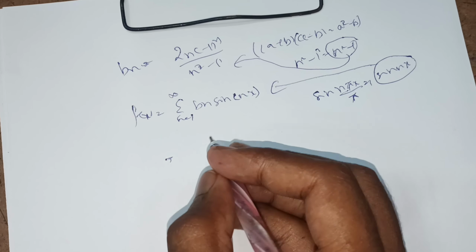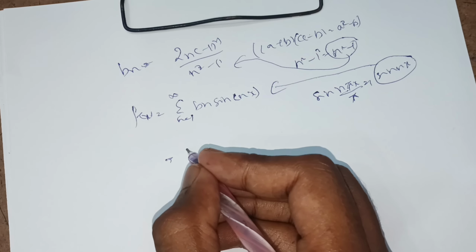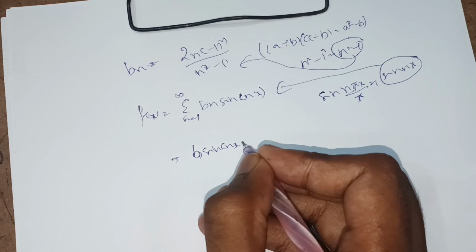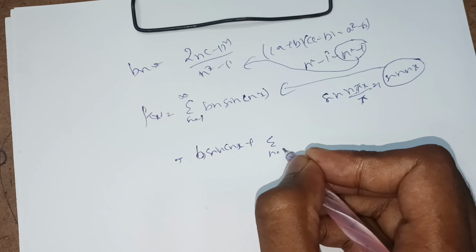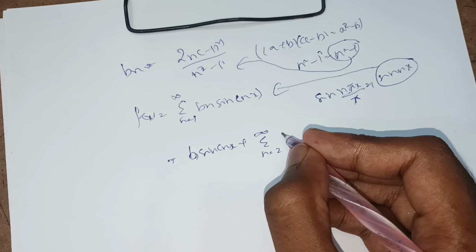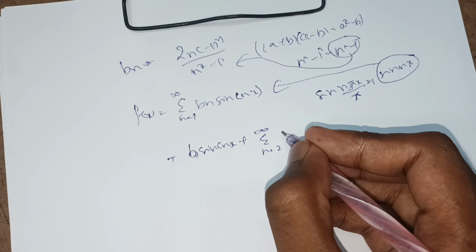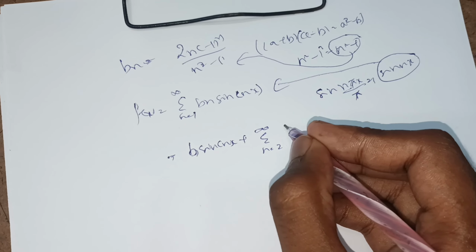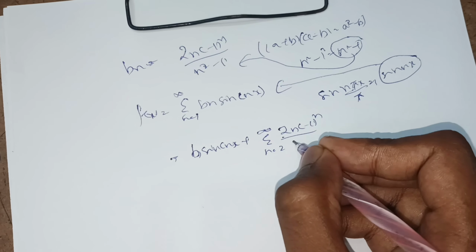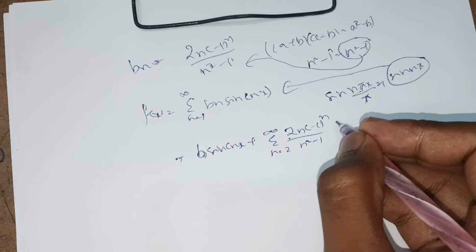So here b1 sine nx plus summation n equal to 2 to infinity bn. Bn is what here? Bn is 2n into minus 1 whole power n by n square minus 1 sine nx.